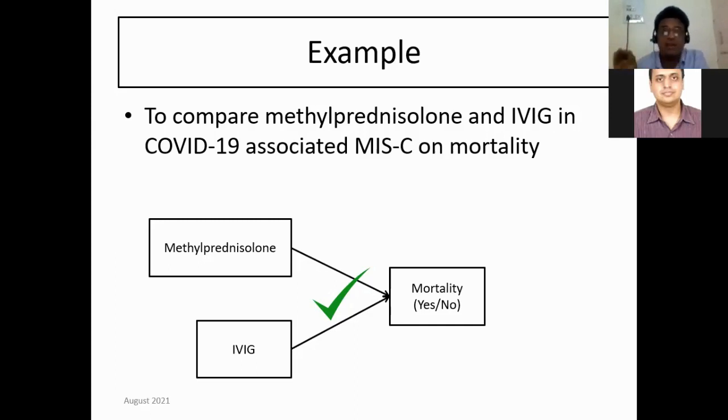So this is again an interventional study. I wanted to emphasize this very important concept: if by intervention you are going to change the outcome of that study, then only do you call it an interventional study. Otherwise, do not call it an interventional study.